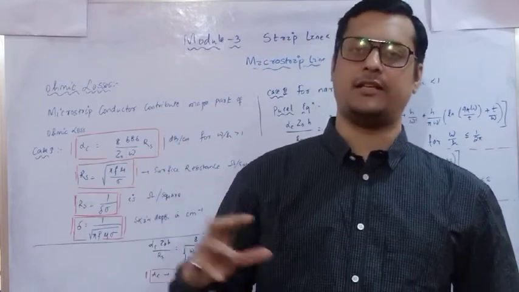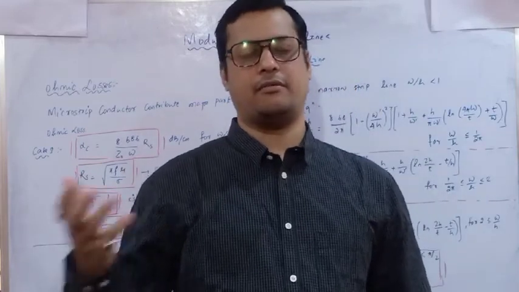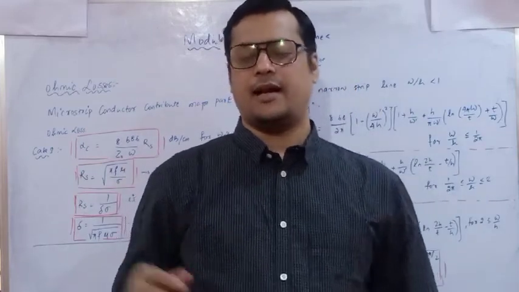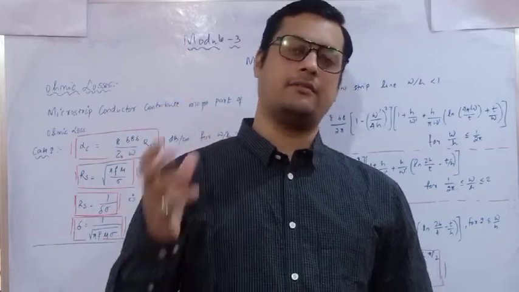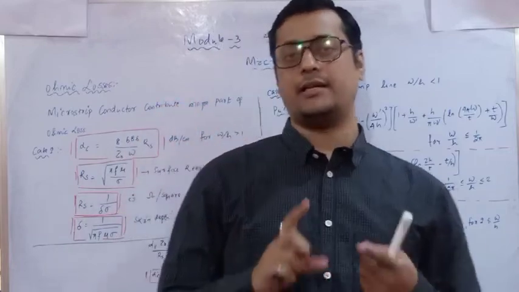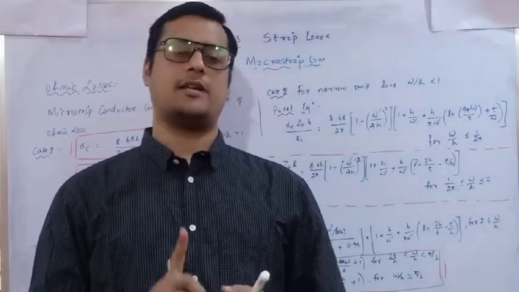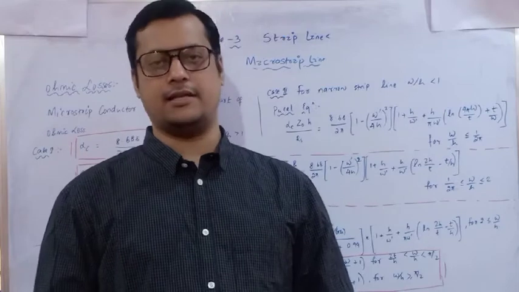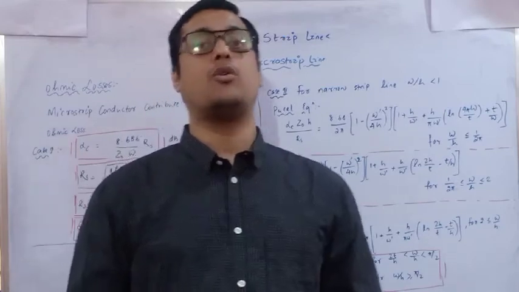So those changes we have seen for the particular design of the microstrip line, and we have seen what the attenuation factors are and what they depend on. One is due to the dielectric substrate and one is due to the conductor. The dielectric substrate loss we have discussed; that is called alpha D. Now today in this class we are going to discuss the ohmic losses.